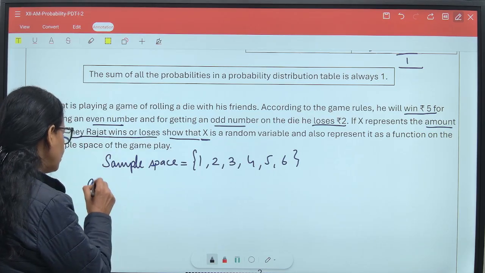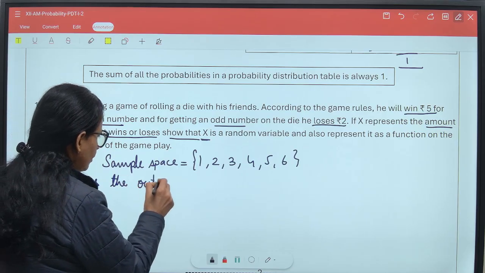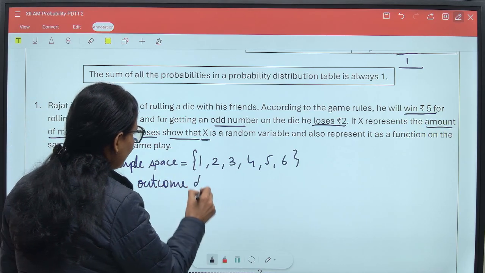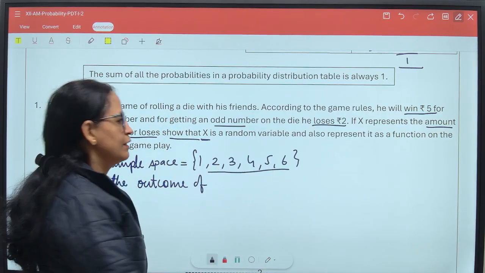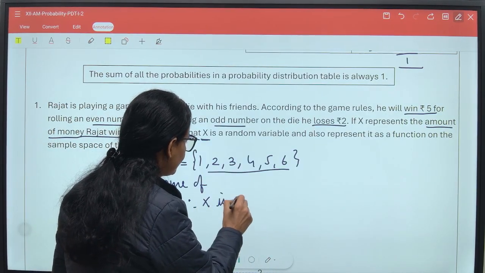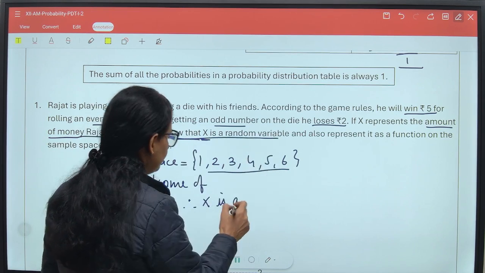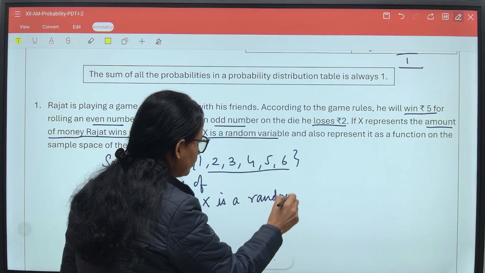You need to write this as: the outcome of the experiment could be any of these from the sample space, that is random. Therefore x is a random variable, because the question says show that x is a random variable. So therefore x is a random variable. You have to write all this.